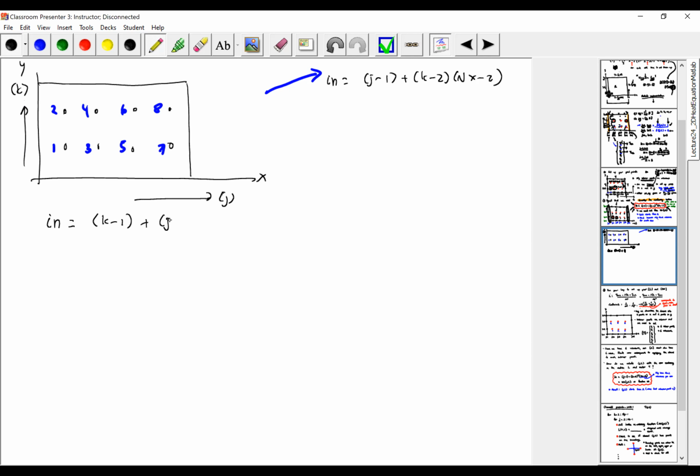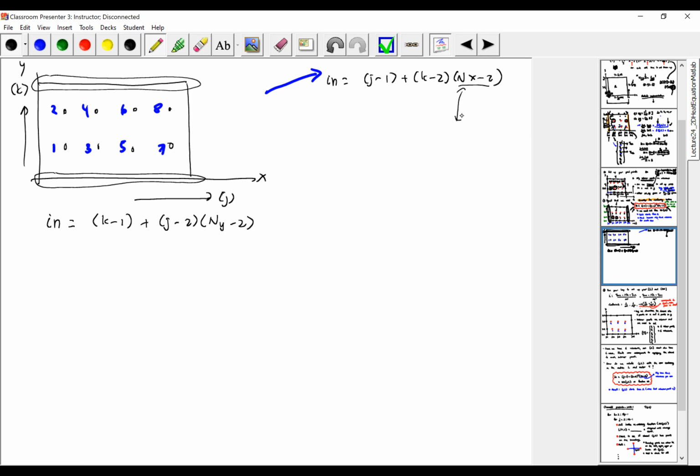And then here you have J minus 2 if, again, you don't want to account for the boundary points. And instead of nx, it becomes ny minus 2, because there's no criteria that says nx has to be the same as ny. So if you want to do it this way, you can see the equation right now is different.